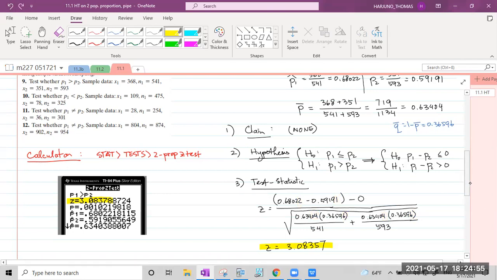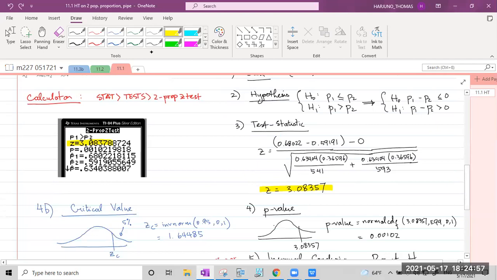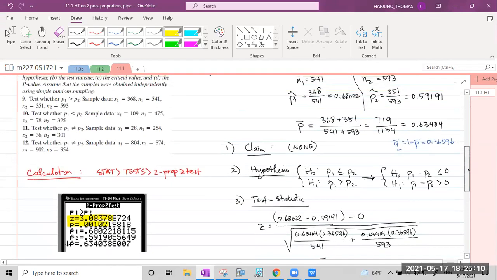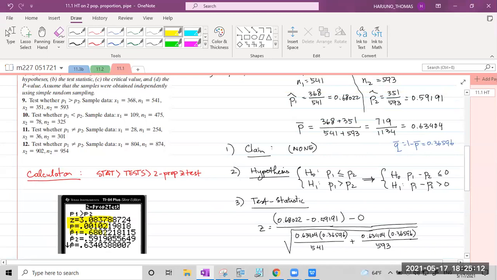Now, how about the p-value? This is our p-value, and this is the calculator p-value. The nice thing is they also give us P1 hat, P2 hat, and P bar.